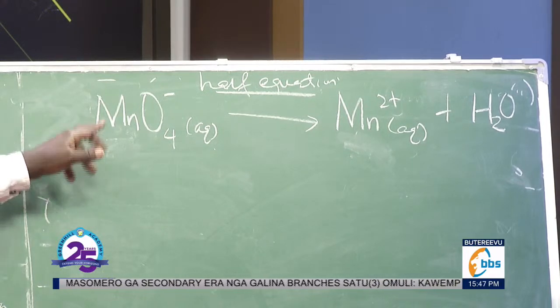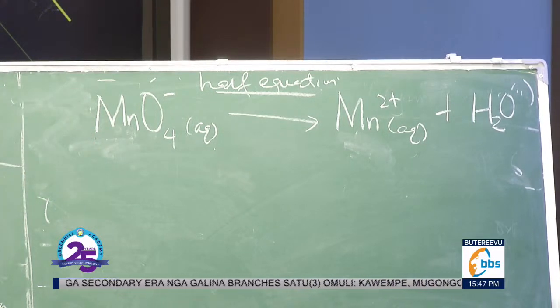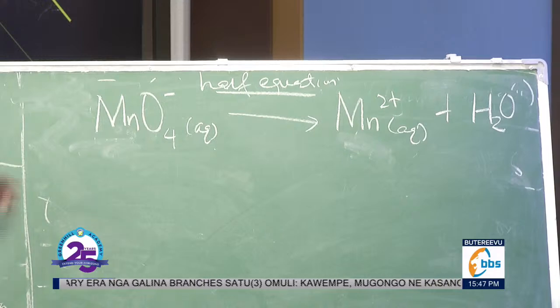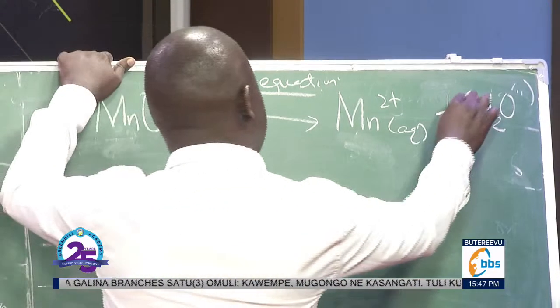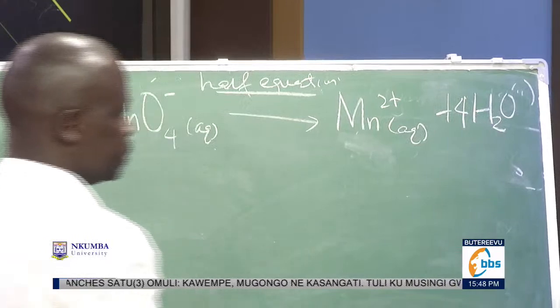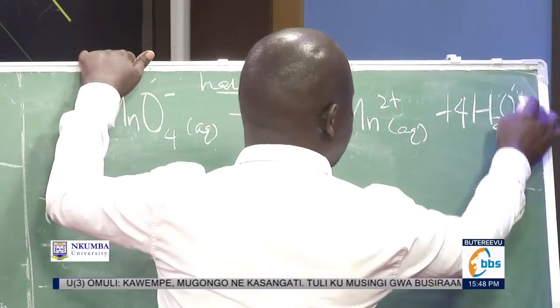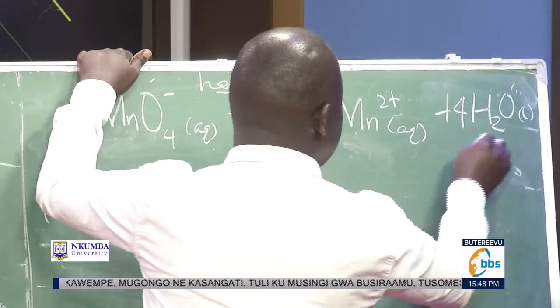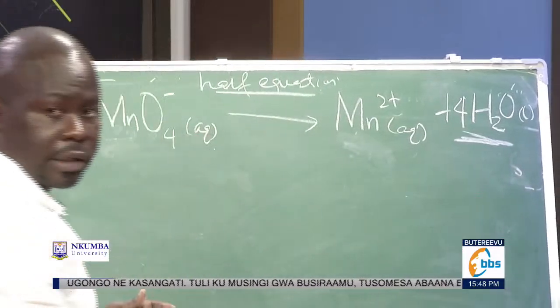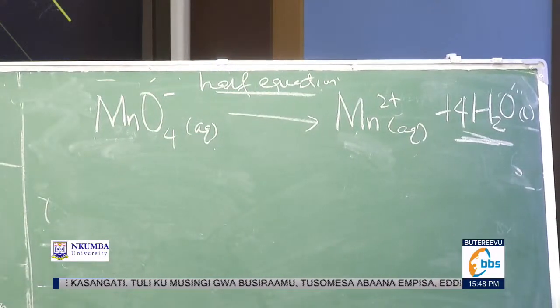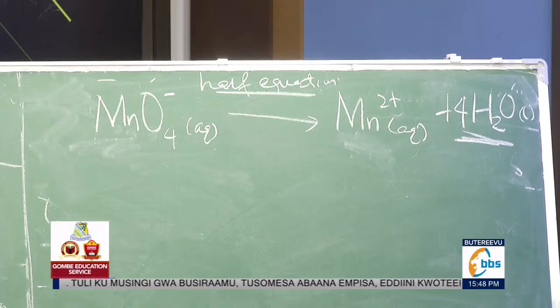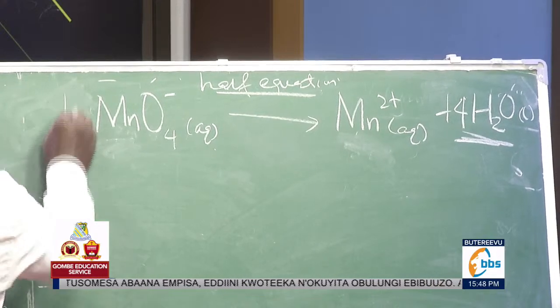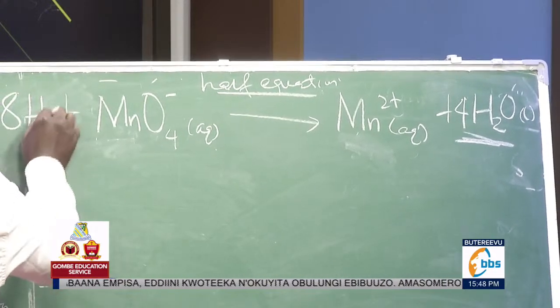Since we have 4 here, and each water molecule has 1 atom of oxygen, we put here a 4. Of course, don't forget the physical states. After introducing water, we get more problems, because now we have excess hydrogen ions. So of course, when you have problems, you get solutions. So we say plus 8H positive.